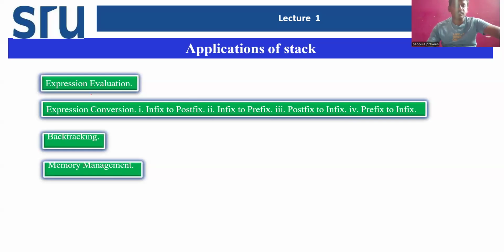Expression evaluation is the first example. Suppose I have 5 plus 4 minus 2. This is my expression. How can I evaluate it? Or say f equal to a plus b into c minus d.